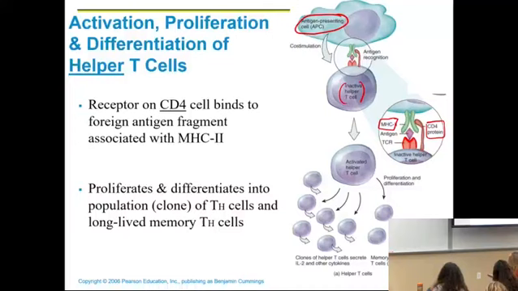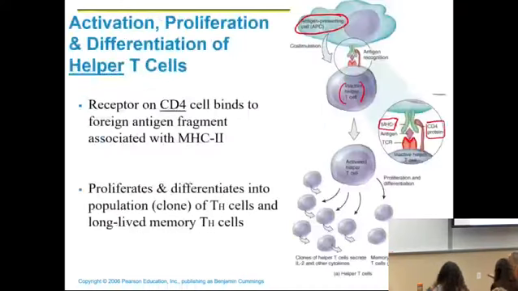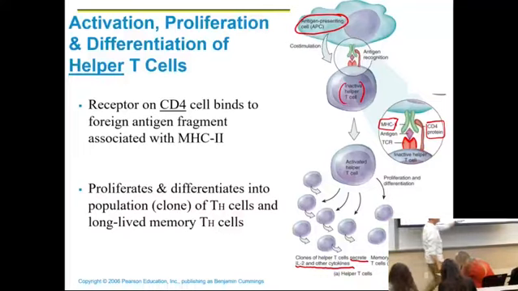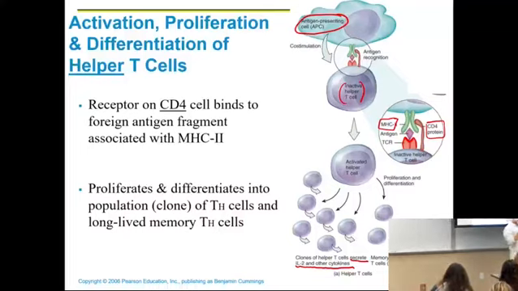Well, in fact, what these helper T cells do is as simple as what you see down here. Helper T cells secrete cytokines. These are intercellular messages. And this IL stands for interleukin-2.